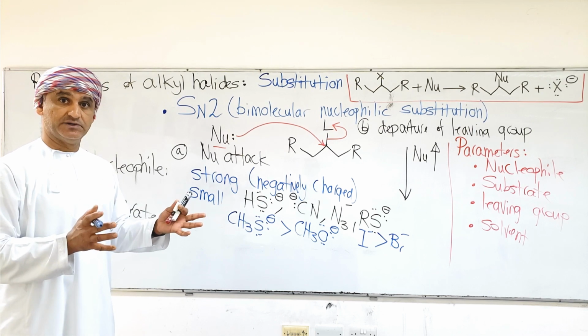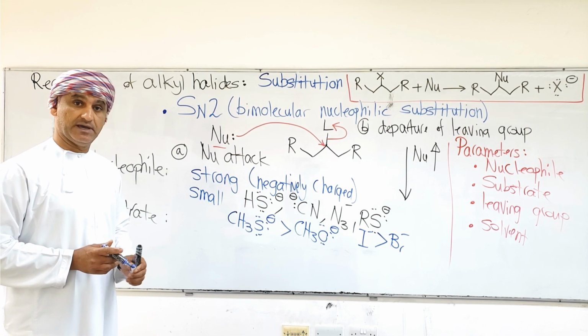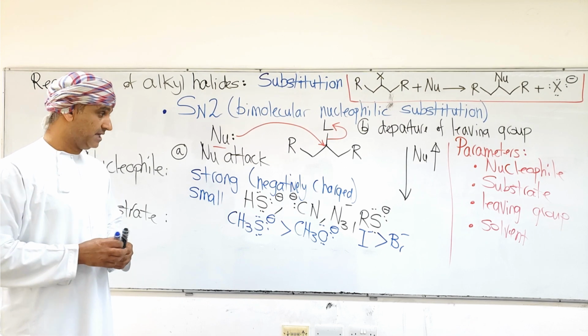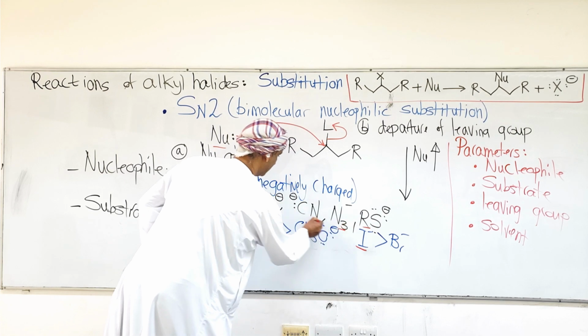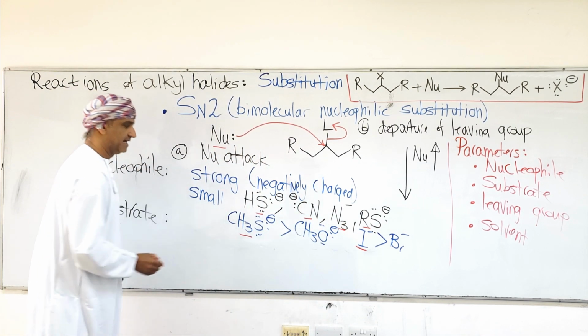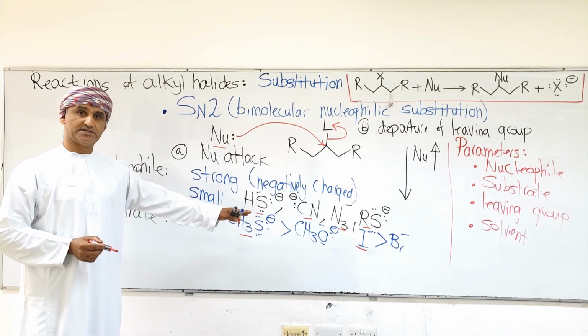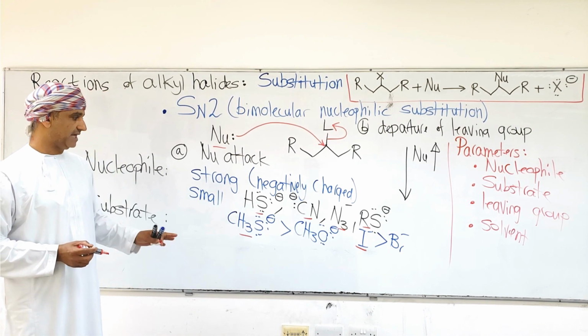They are fair nucleophiles. The iodide ion is considered excellent. The bromide ion is considered good. So these are the ones underlined in red, by the way. These are all excellent nucleophiles in SN2 reactions. The methoxide ion is not as good, and the bromide ion also is not as good.